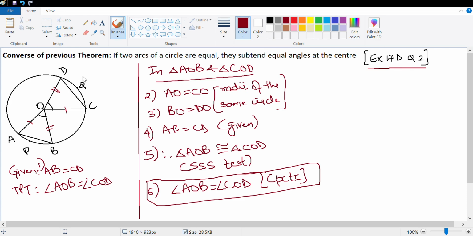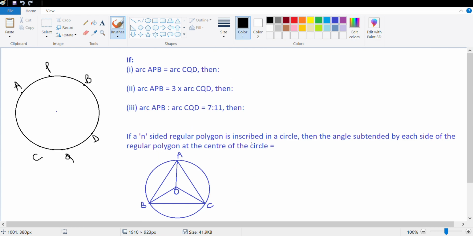Let's look at the last one before we start solving some questions. So we've already done that. If arc APB is equal to arc CQD, and if this is the center O, then what we have is angle AOB is equal to angle COD.